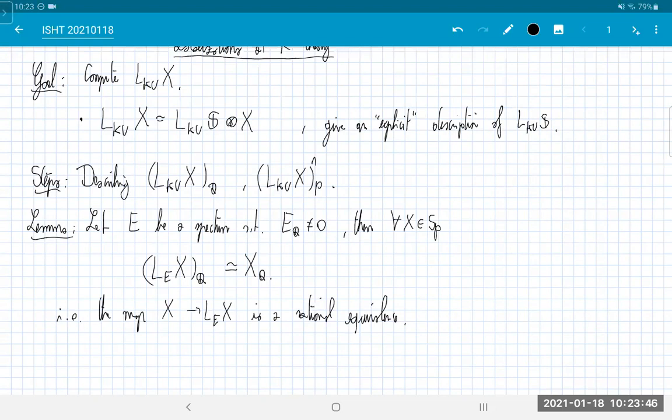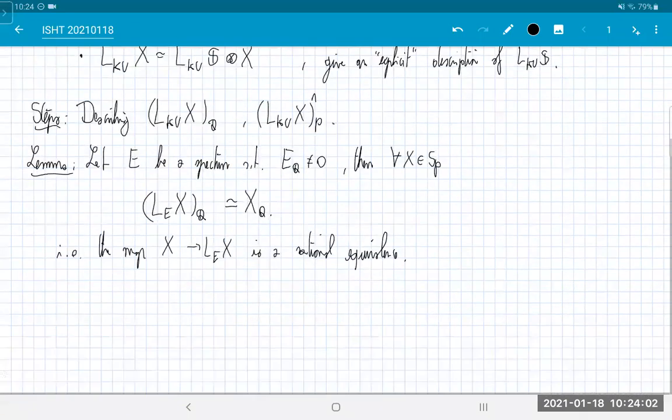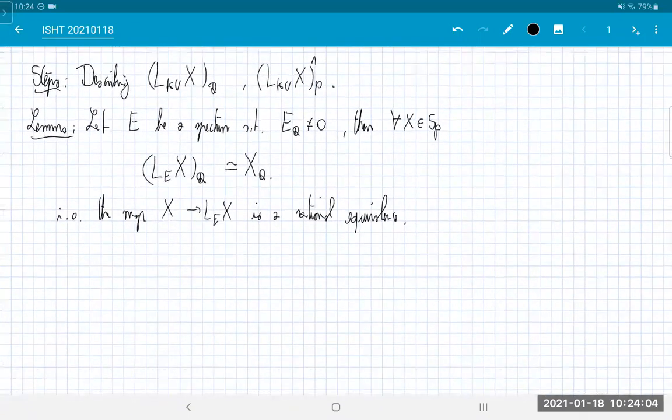So the rational part is easy, as I often recall. You just give what its rational homotopy groups are and you know everything. So the proof is easy. Let A be the fiber of this map.